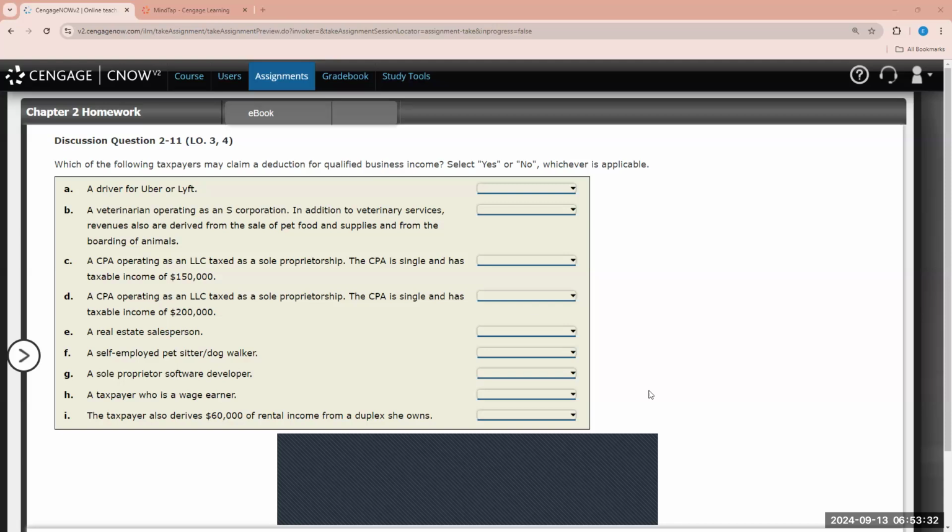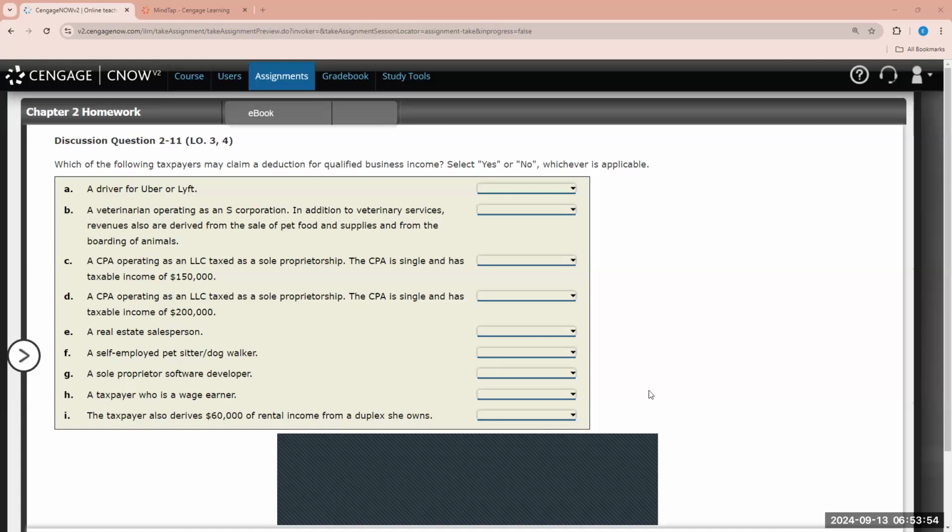So here we have some examples. We want to determine, do they qualify for the QBI or not? Again, it's a sole proprietorship, partnership, S corporation, and those that operate as a single member LLC, which for tax purposes is treated as a sole proprietorship, or a multi-member LLC, which for tax purposes is treated as a partnership.